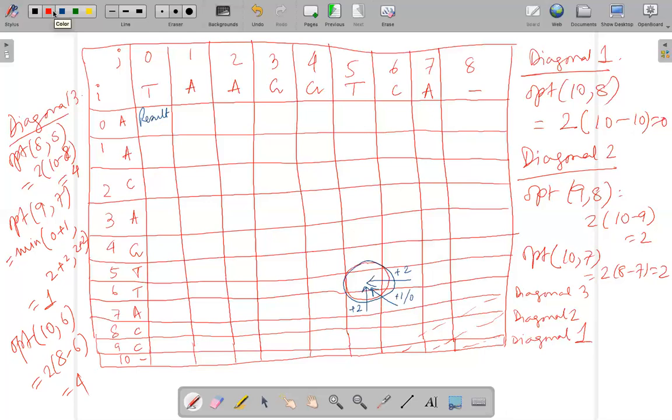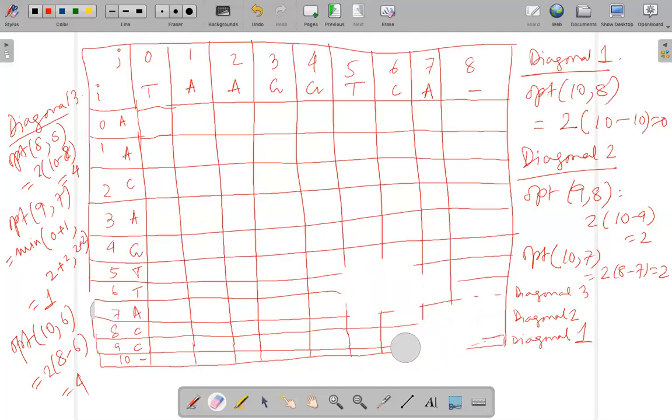In this way, you can fill up each and every cell of this table. Once we have filled it up, the table would look as follows. I'll write down the elements of the table, but I would request you to compute the table elements yourself and also try to write a code fragment for this.